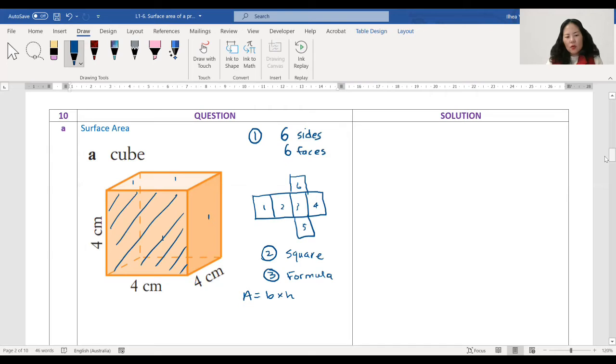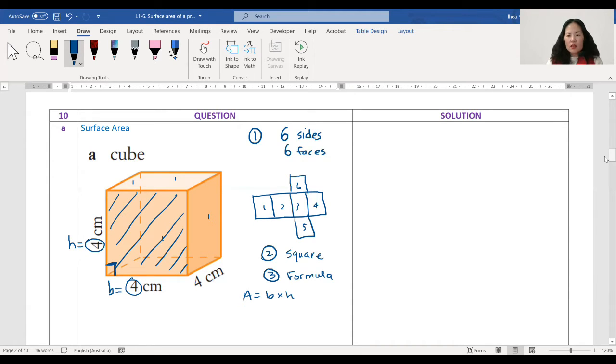Now, this corner bit is a right angle here. So base is on the bottom, and the perpendicular to that base is my height. So this is my base and this is my height. Now I can find each area.